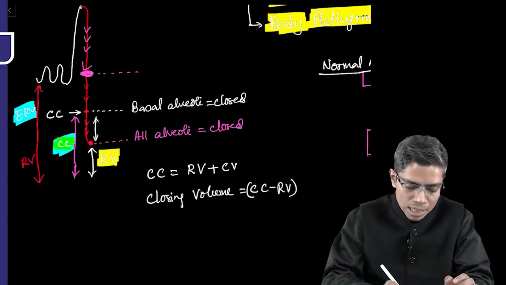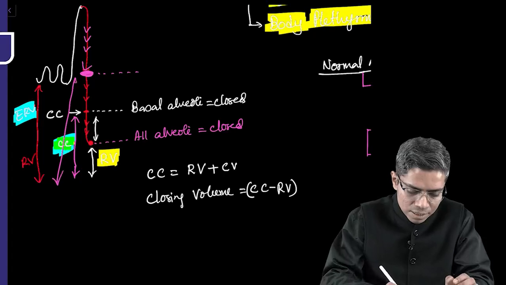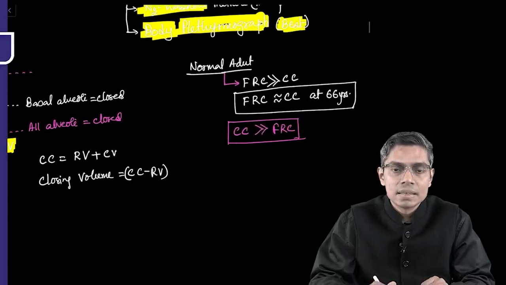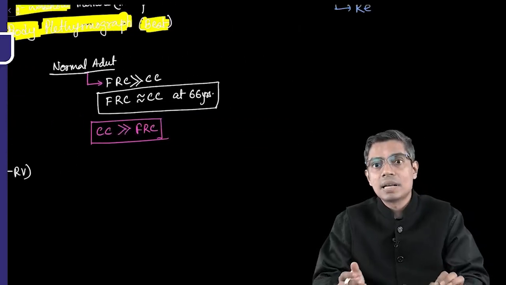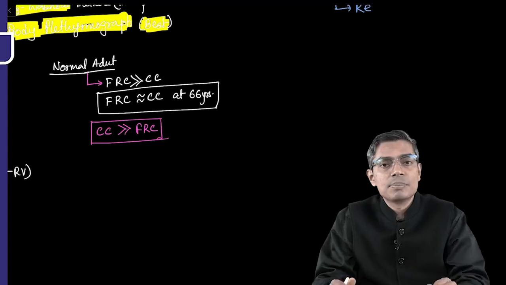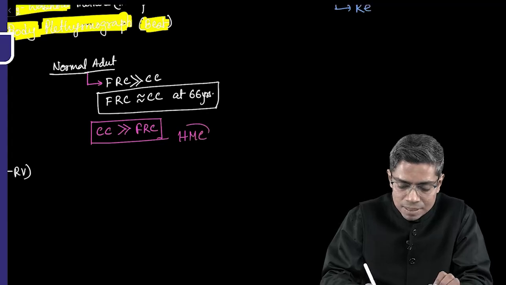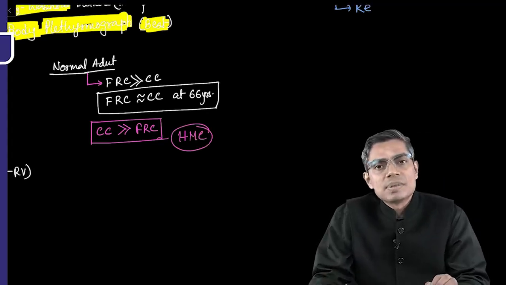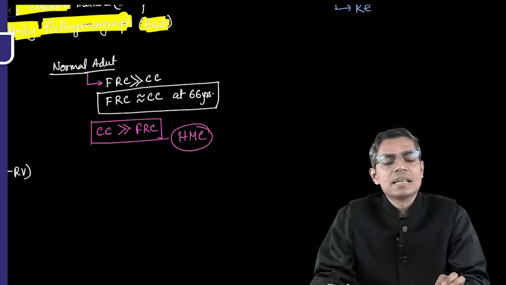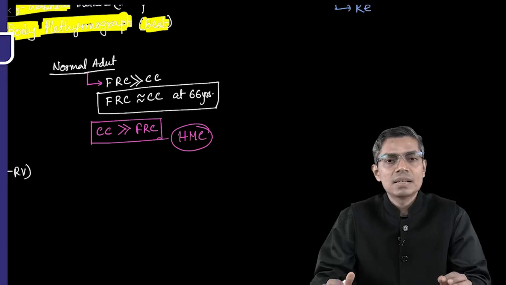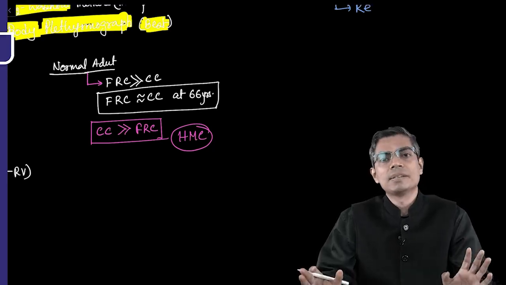So in this condition the closing capacity will be more than the FRC. That indicates that the lung is highly collapsible. For example, in children with hyaline membrane disease, they will have this kind of finding. The closing capacity is much greater than FRC. So high closing capacity means highly collapsible disease of the lung.